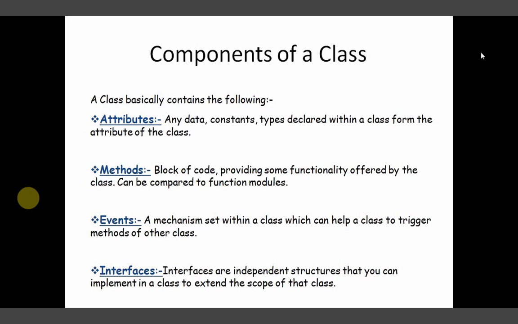For data storage, we would be creating attributes in a class. Any data or constants will be defined as attributes in a class. We have data, and that data should be processed and manipulated based on the logic that we need. That is done in a method. It's a block of code which manipulates the data.